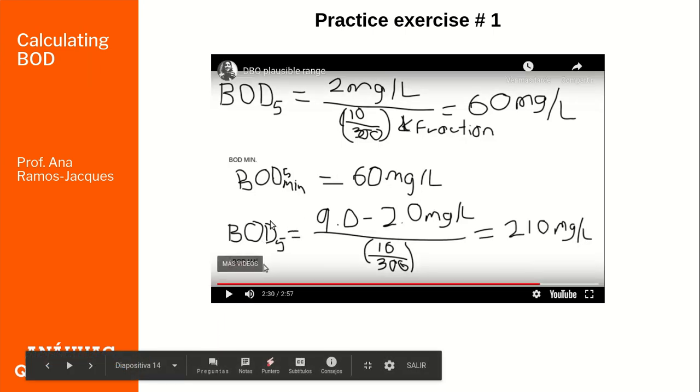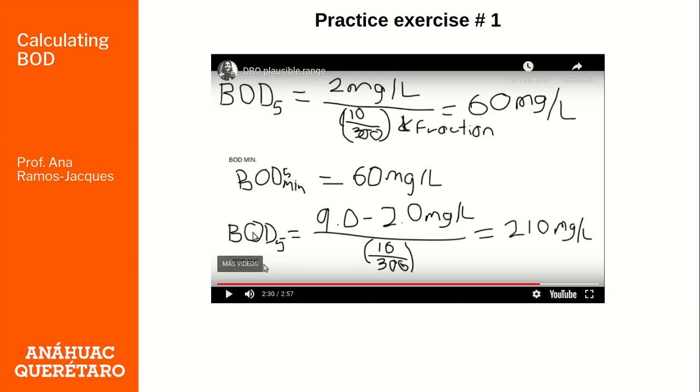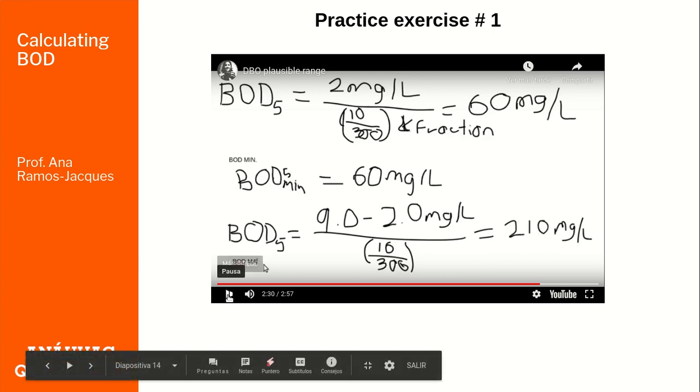And then we calculate again using the formula, but in this case with the real measurements; the value before was the decrease that we desire, and now the measurements give the maximum BOD. So we have 9.0 minus 2 milligrams per liter divided by the fraction, and we have 210 milligrams per liter.